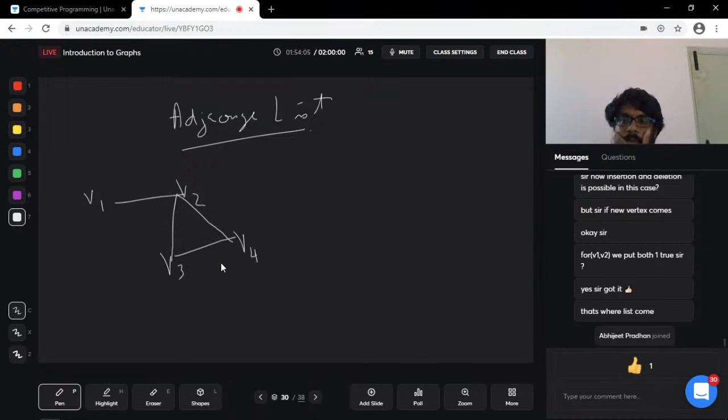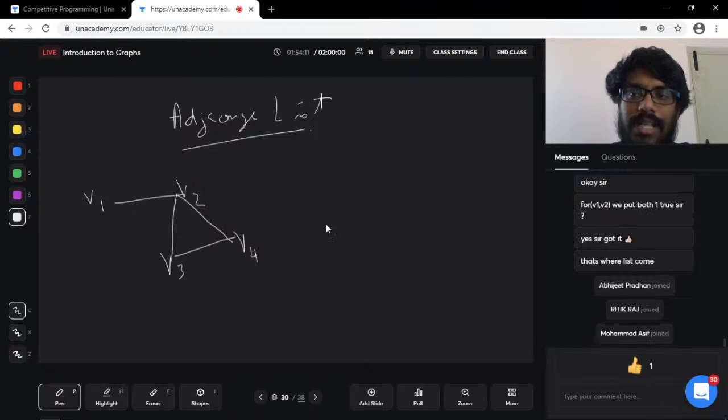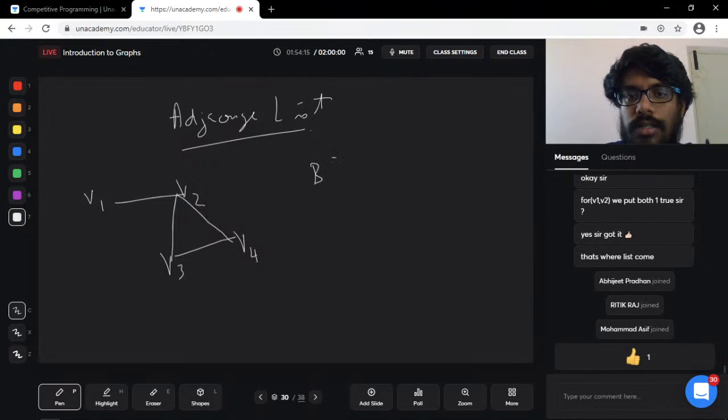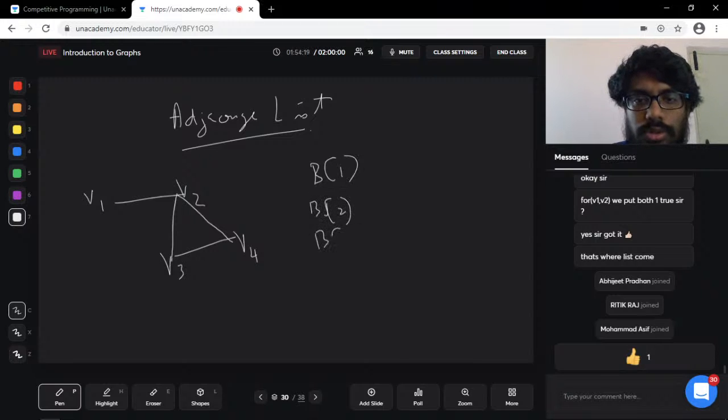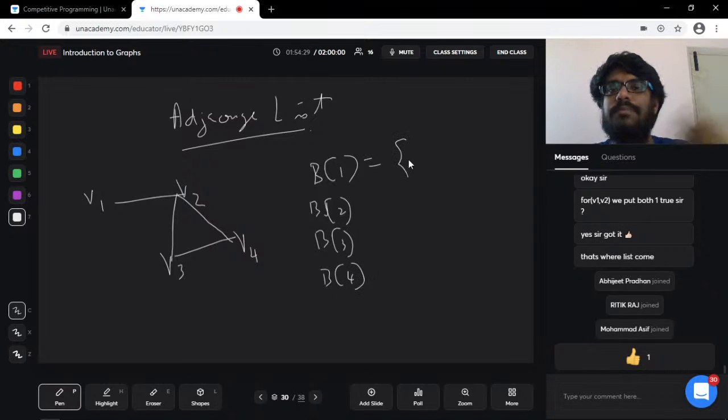An adjacency list for this is basically going to be 4 lists. Let's call these B of 1, B of 2, B of 3, B of 4. B of 1 is going to store all the neighbors of 1.